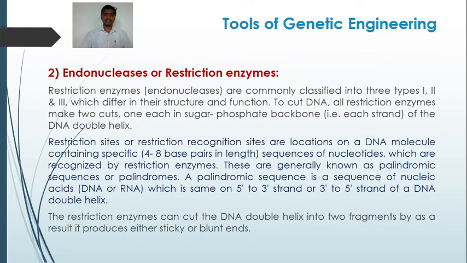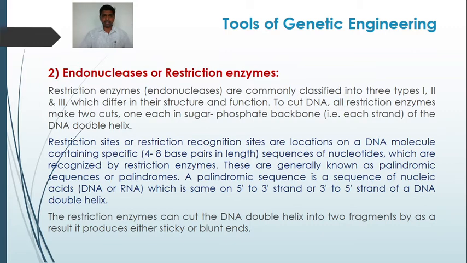These are generally known as palindromic sequences or palindromes. Restriction sites are 4 to 8 base pairs in length. If you read the base sequence of the restriction site, it reads the same in any direction.